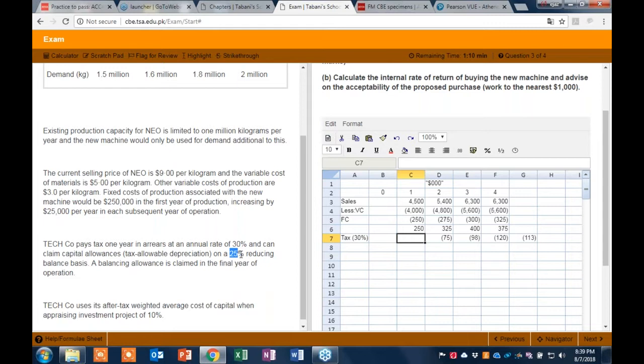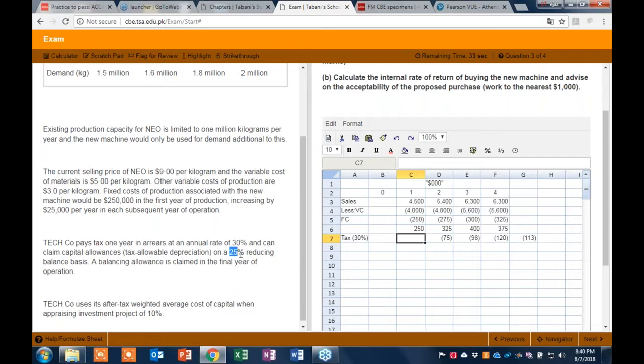And what this will do to the company is that it will reduce the tax liability or the tax outflow of the company. Since this reduction in the tax liability is a benefit to the company, and this benefit is because of the purchase of this machinery, therefore this benefit should be shown as a cash inflow for the company, because this benefit can only be obtained if the company decides to invest in this technology.